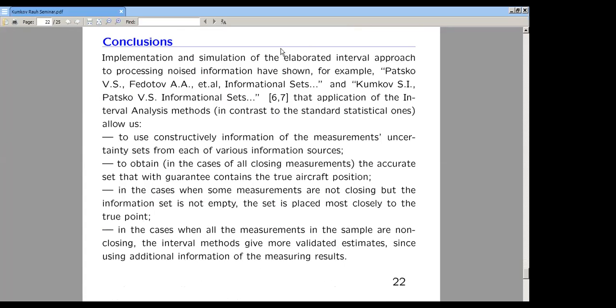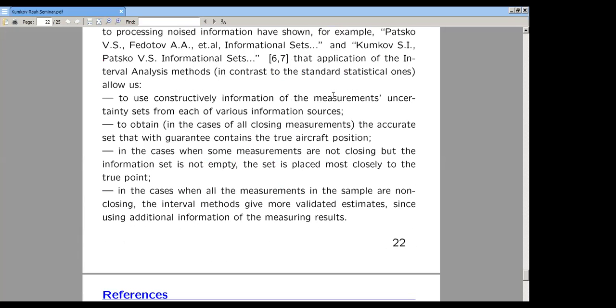Implementation and simulations of the elaborated approach to processing noise information have shown, for example, we describe it in this work and then this work, that application of the interval analysis allows us to use constructively information of the measurements uncertainty sets from each of various information sources. Note that this information is not taken into account in the standard statistical methods.